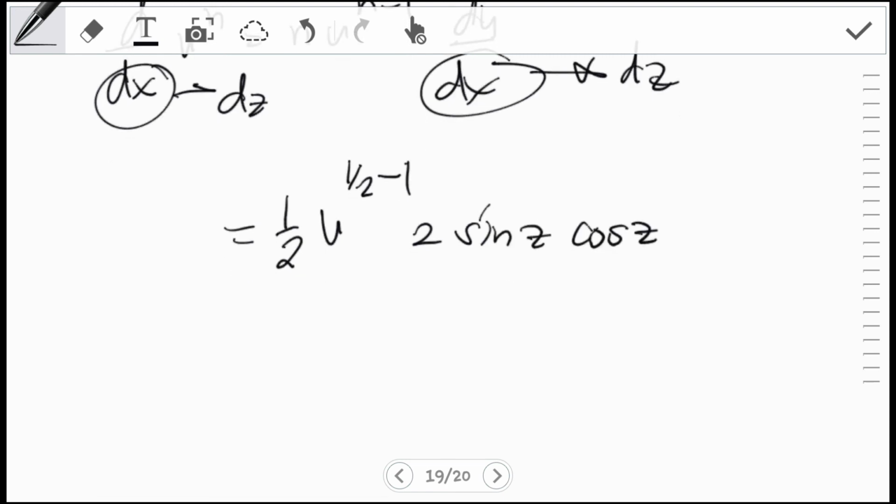Okay, so we can now cancel. So u to the power 1/2 minus 1, that is negative 1/2.